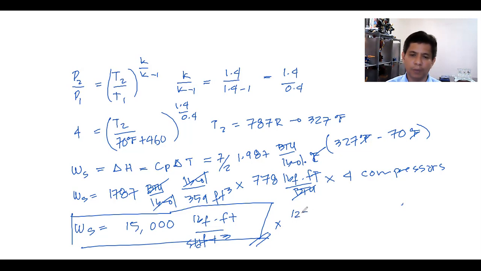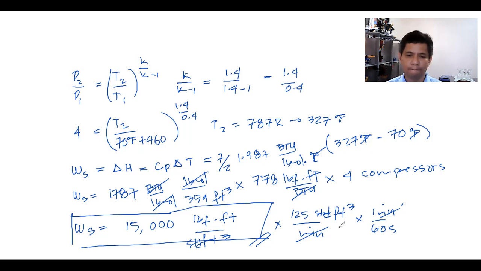So, just multiply this by 125 standard cubic feet per minute. Tapos 1 minute is 60 seconds. Yan, ganun lang. Yan, as you can see, this is pound force foot per second.